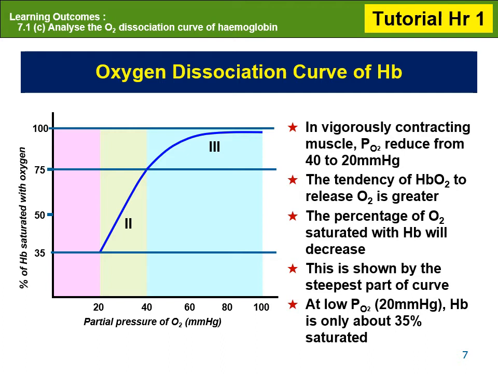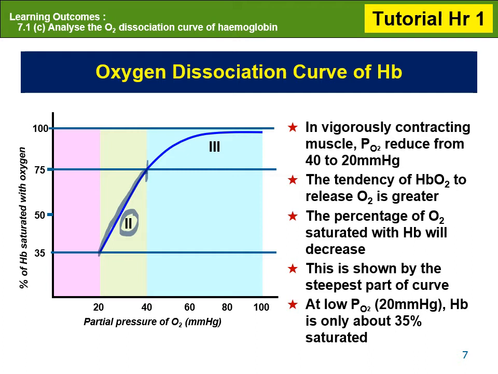Tadi kita stop sampai 40, and then untuk yang number 2, bahagian kedua ni, bila tisu kita lakukan exercise, dalam keadaan respiring tissues, hemoglobin affinity towards the oxygen will decrease. This causes oxyhemoglobin to dissociate into oxygen and hemoglobin rapidly.